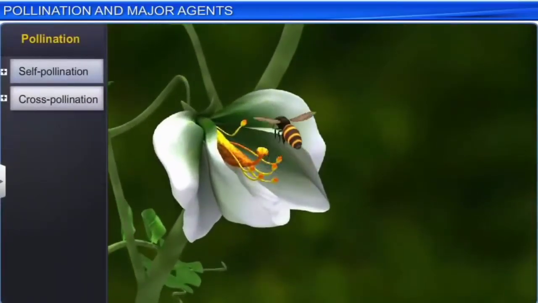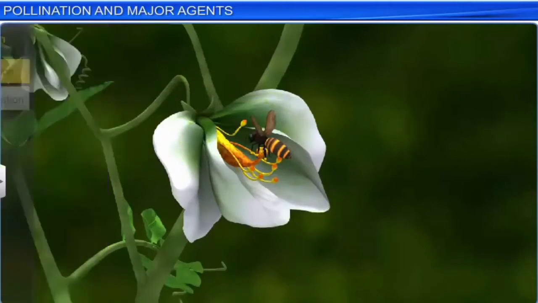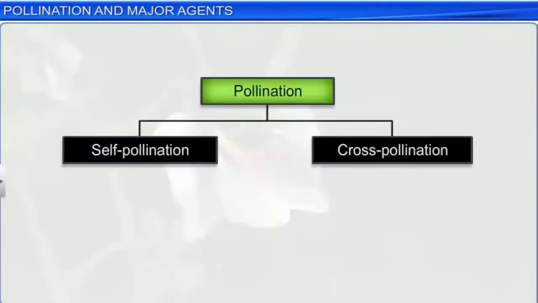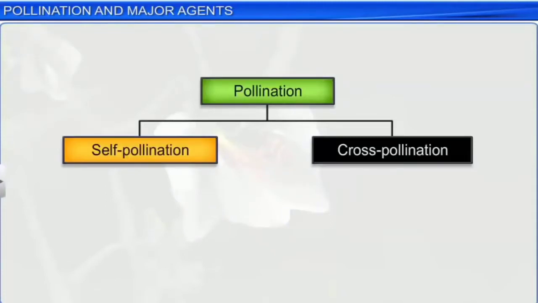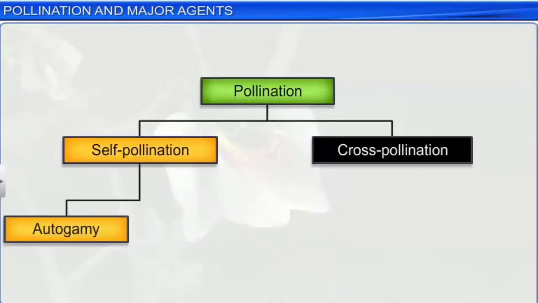When pollination takes place within the same flower or between flowers of the same plant, it is known as self-pollination. In plants, self-pollination can occur either through orthogamy or geitonogamy.